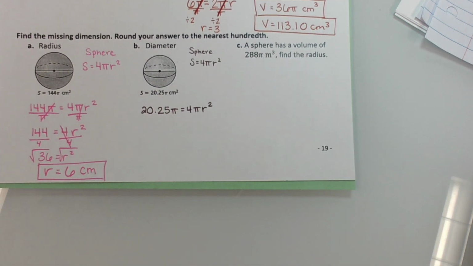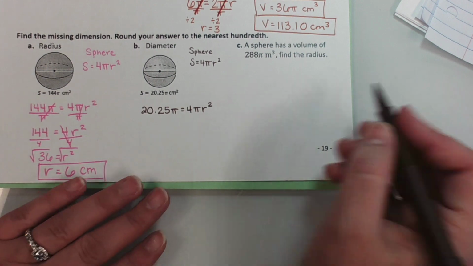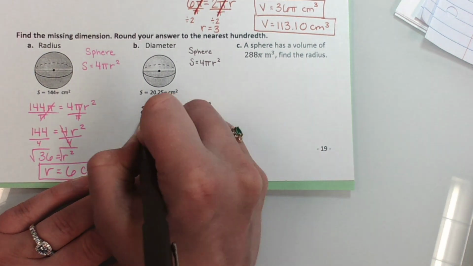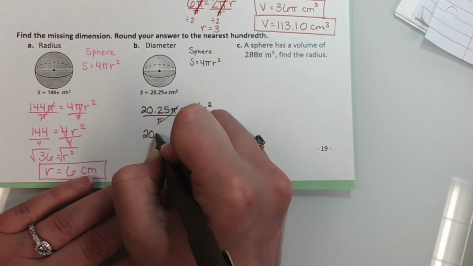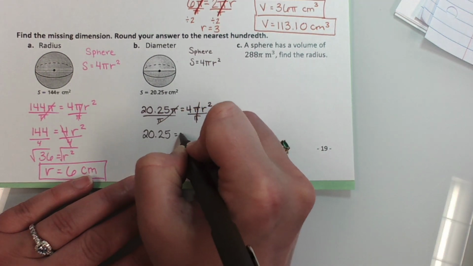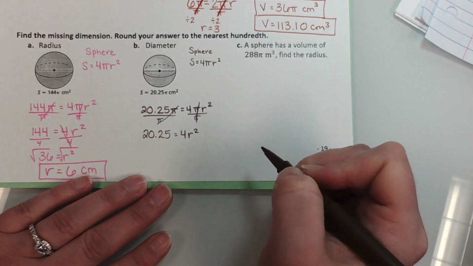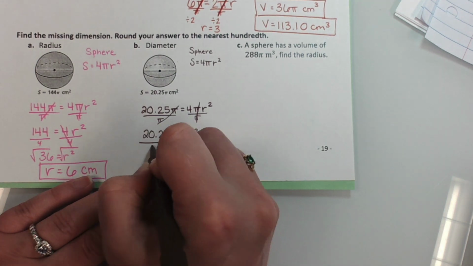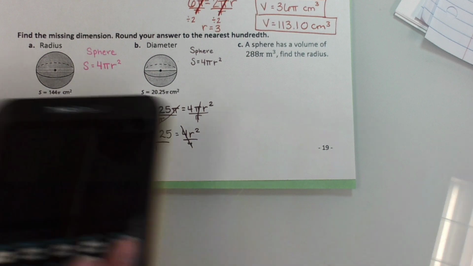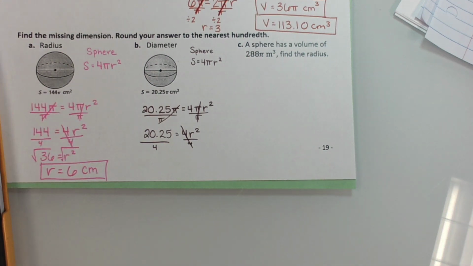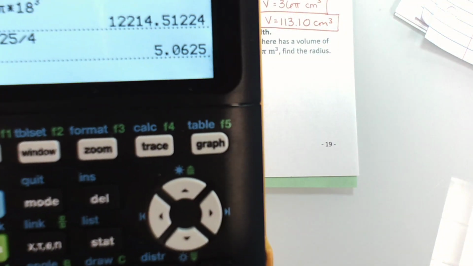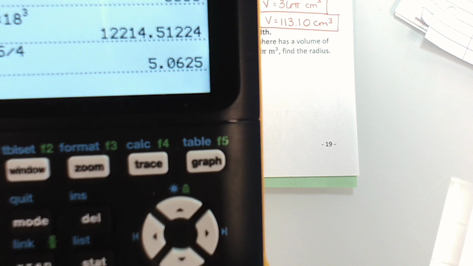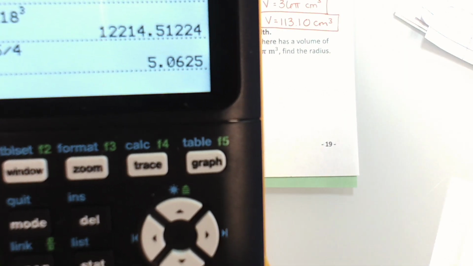Easiest thing to get rid of first? Pi. If there's pi on both sides of these equations, kill the pi's. Divide by 4 before square rooting. Now, when you divide by 4, I get a decimal that's bigger than hundredths. Yeah, but don't round until you get to a final answer.